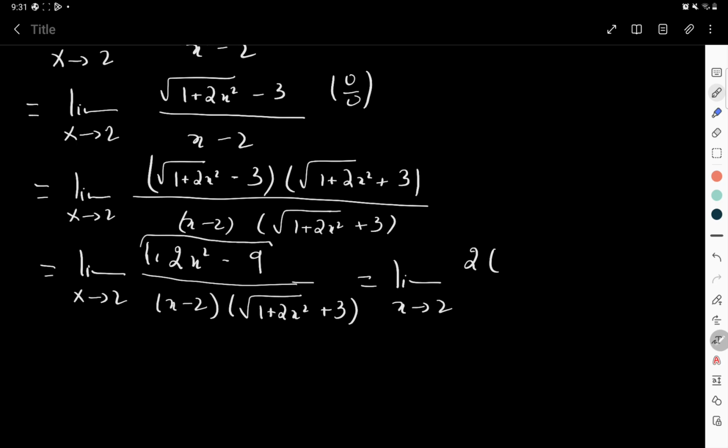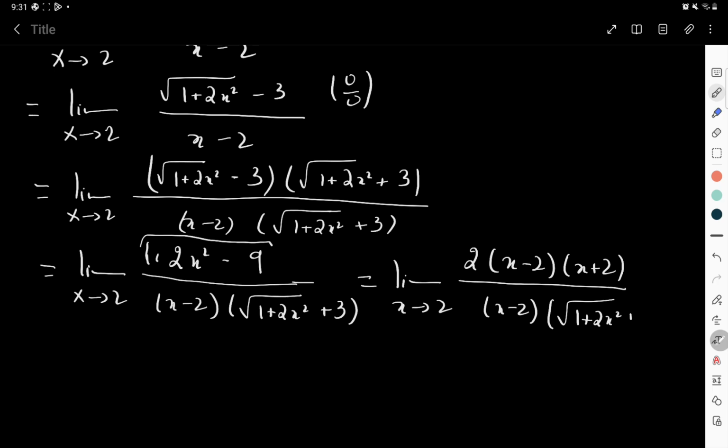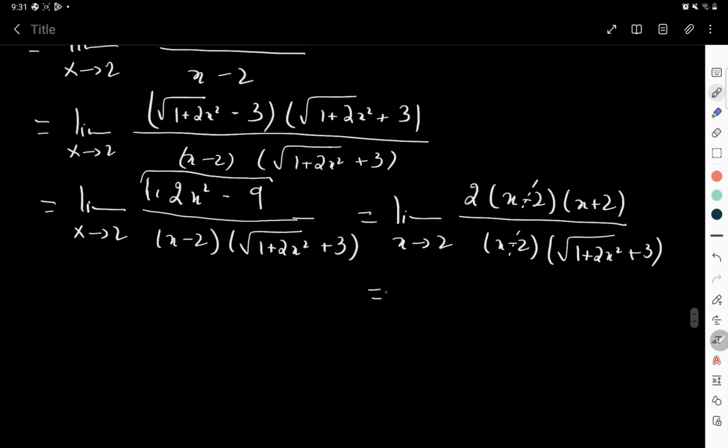And then factor it out, it's 2 times x squared minus 4. So this is 2 times x minus 2, x plus 2, and you have an x minus 2 here, over the square root of 1 plus 2x squared plus 3. You can cancel out the x minus 2's and then simply evaluate the limit by plugging in 2.